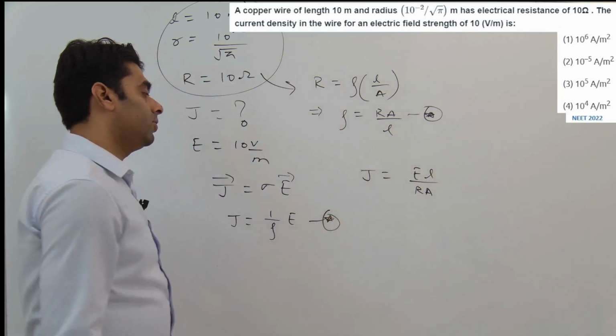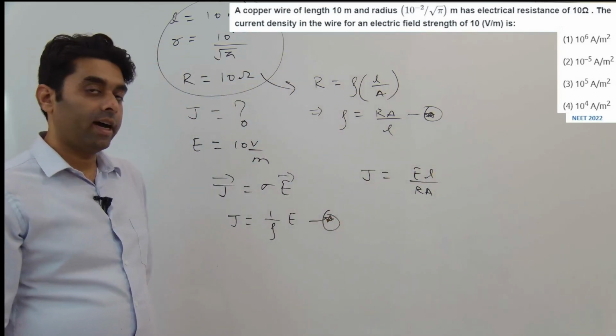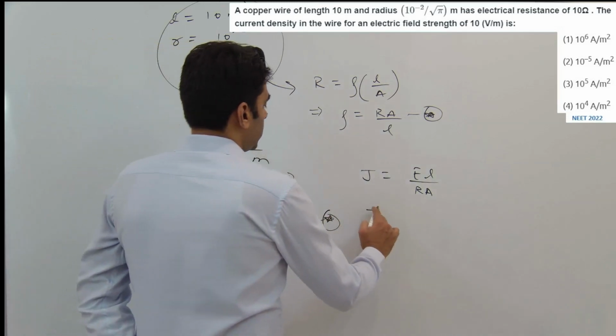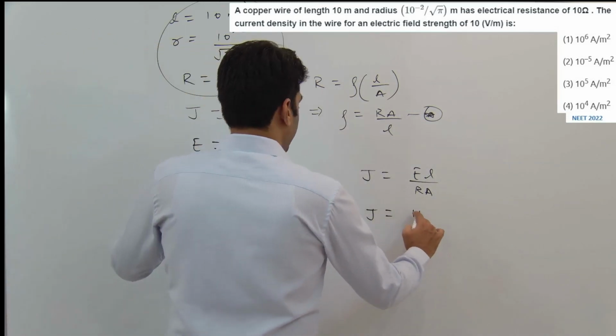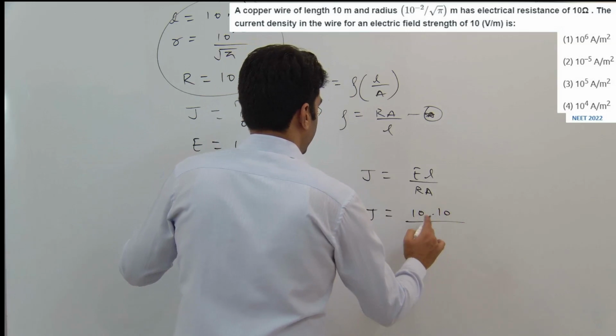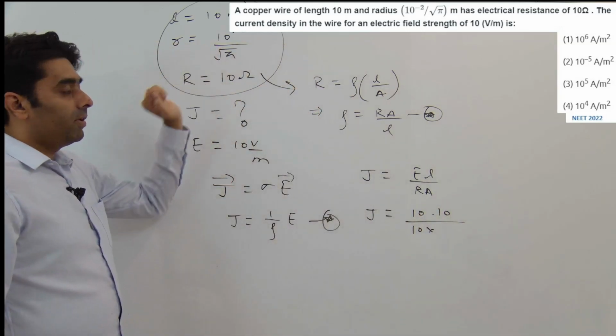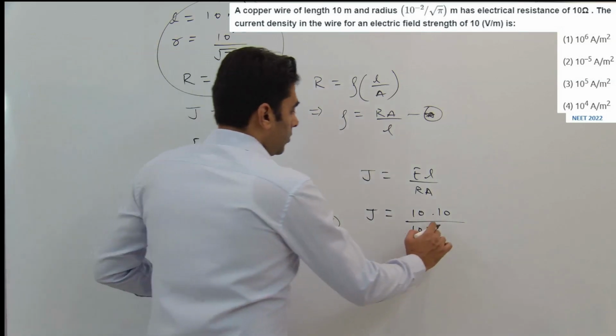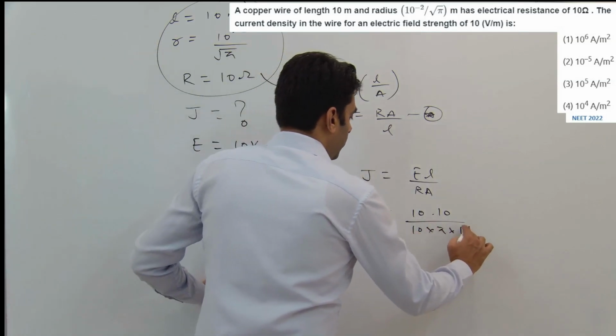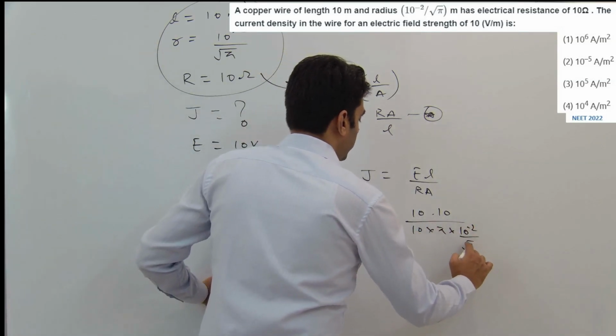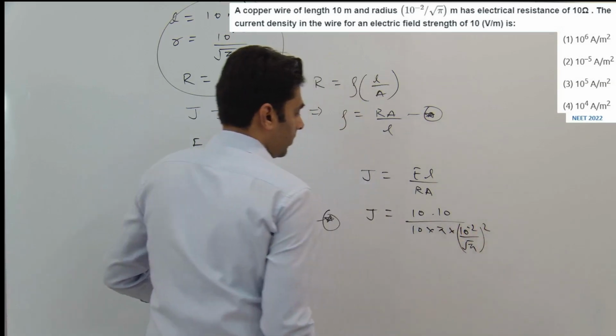So we are getting current density as EL by RA. Let us substitute the value of each term. Electric field is 10, length is 10, resistance is 10, area will be how much? Radius is given to you, area will be pi r square. So pi into 10 power minus 2 by root pi, whole square. Fine.